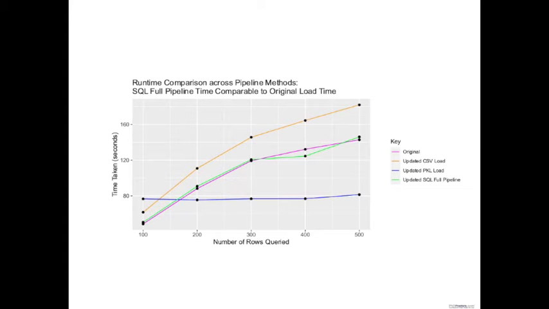Could you maybe explain the difference between the full pipeline versus just the load? Yeah, I can take that. So the SQL full pipeline, which you see plotted in green here, was the final implemented pipeline that we looked into doing. And that includes data coming in from the SQL database, going into the Python scripts, and then writing from the Python scripts directly to the final SQL database.